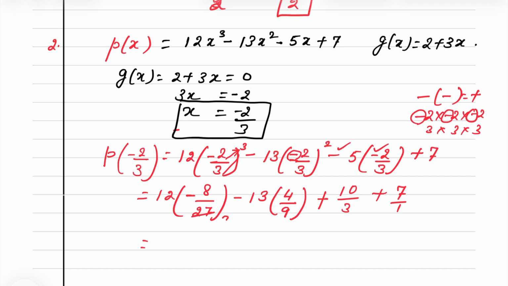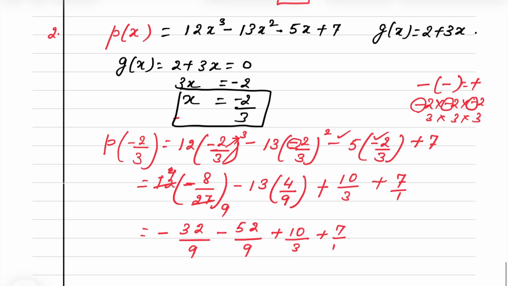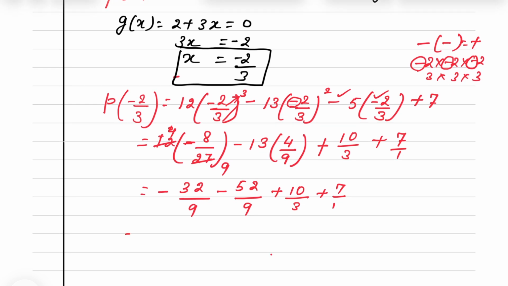So 3 fours are 12 and 3 nines are 27. Here we can't cancel. So now minus, we are multiplying, so it is minus 32 by 9 minus 13 fours are 52. So you must learn the tables, otherwise it is a 3 marks question and you will take a lot of time to solve it.